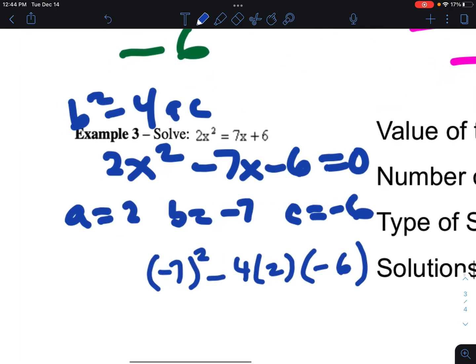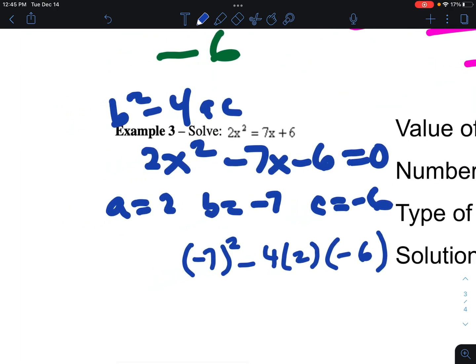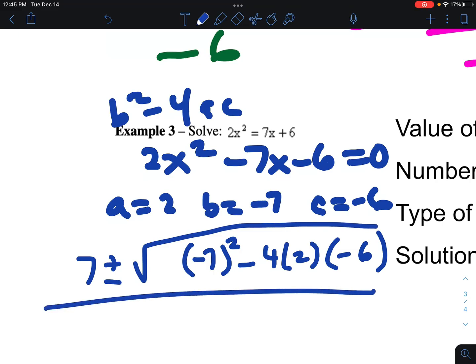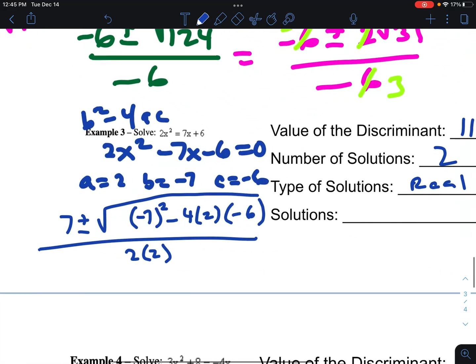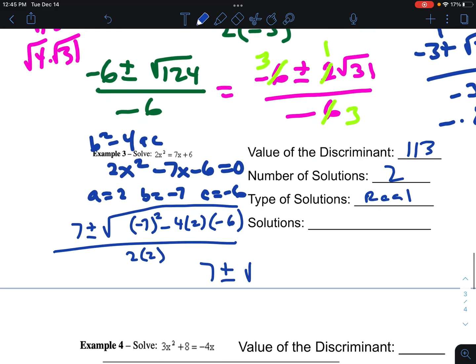Well, the rest of the quadratic formula would be opposite of the b value plus or minus the square root of all that mess all over 2a. So we got 7 plus or minus the square root of 113 all over 4.